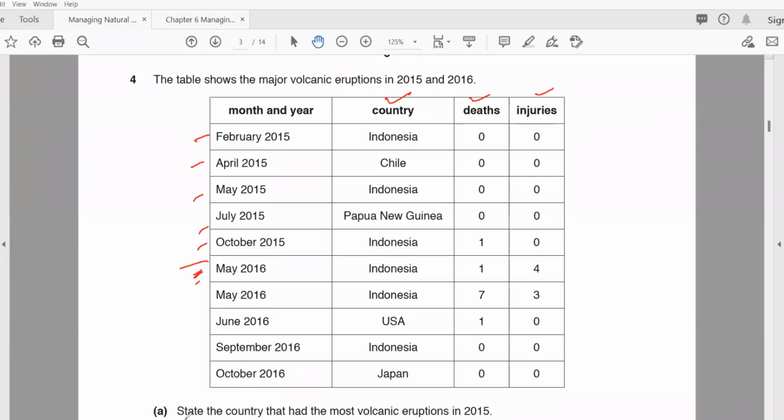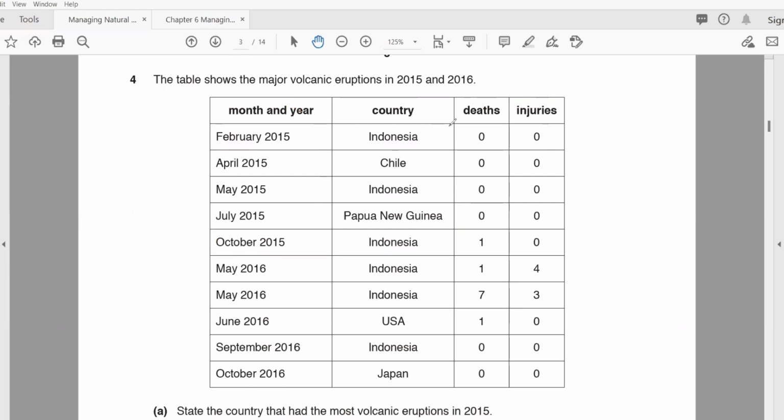State the country that had the most volcanic eruptions in 2015. So this is 2015. Indonesia. Why? Because one, two, three, three times.